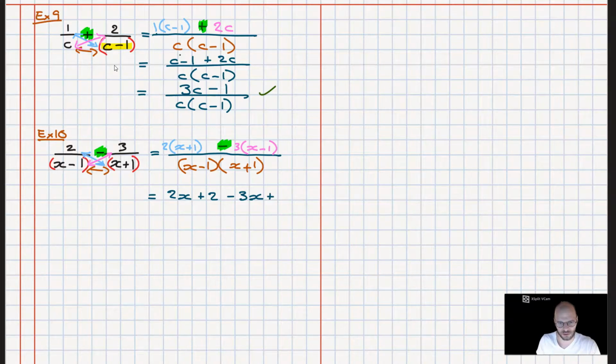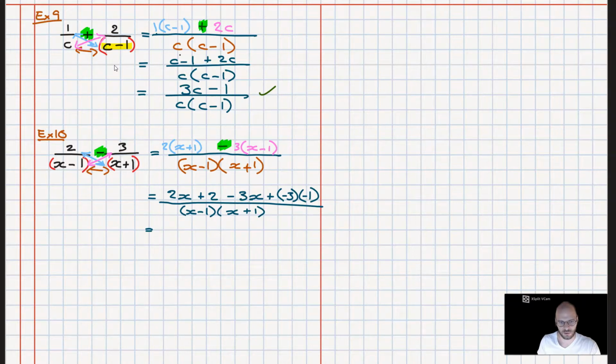We'll go plus, then we'll go minus 3 multiplied by minus 1. So notice what I did there. There's a minus 3 here and a minus 1 there. So just making sure that I don't forget any of the negatives when I open the brackets. Now downstairs, I'm not going to open these up because it'll become really messy. So I'll just leave it as x minus 1, x plus 1.